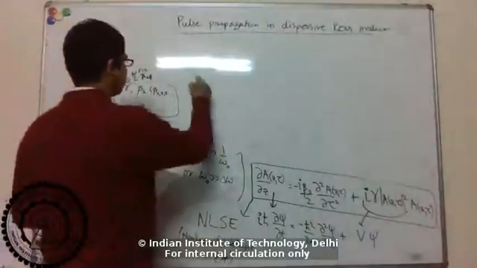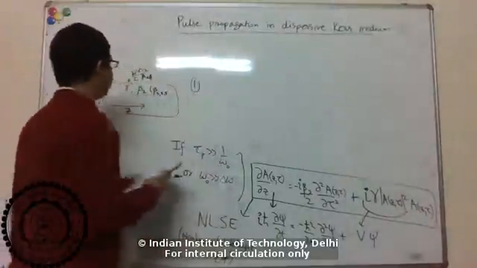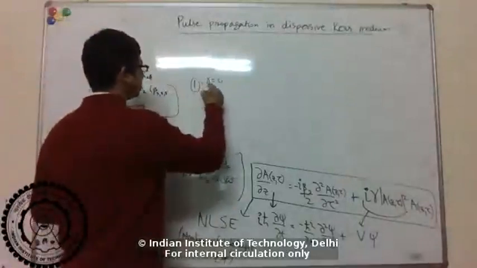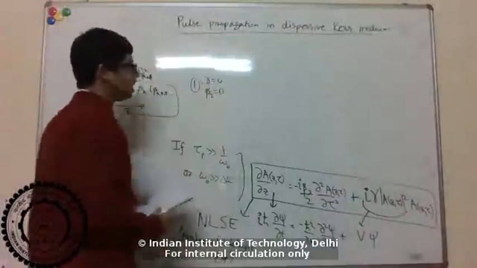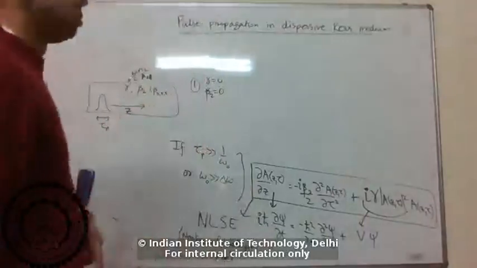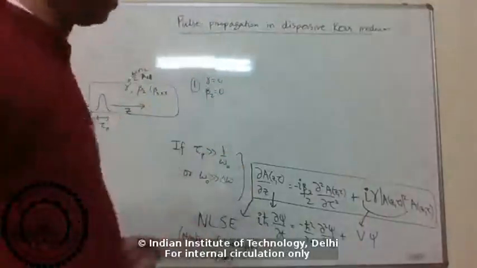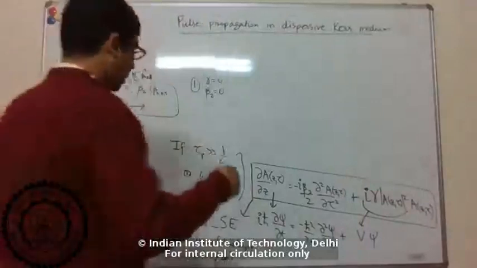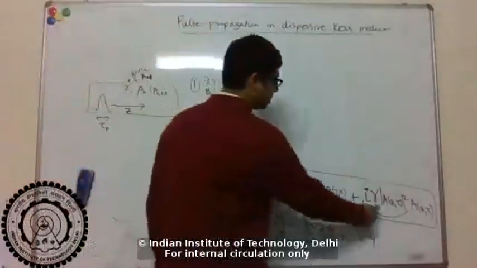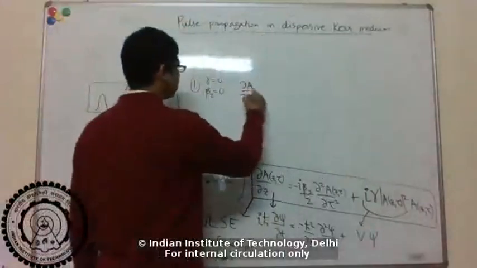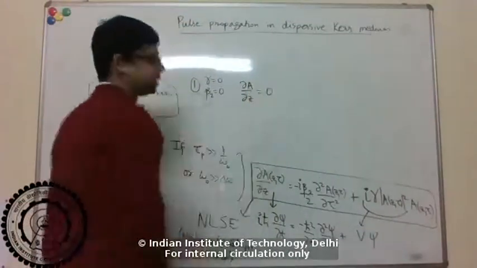So first, simplest case is, let's say the medium has no dispersion, no nonlinearity. It's a linear medium with no dispersion, like, I don't know, air, free space, let's say. So in that case, basically this term is 0 and this term both are 0. So then basically the equation is just del A by del Z equal to 0.